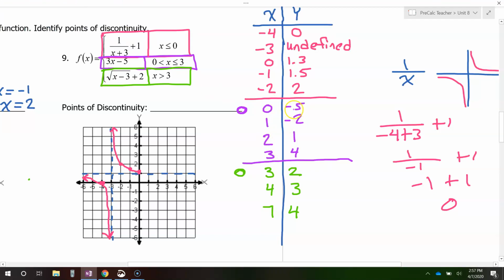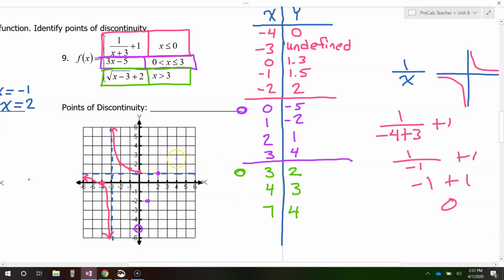0 comma -5. Remember, this is an open circle, so 0 comma -5, this part of the graph picks up right here. This will be much simpler because this is just a straight line. So 1 comma -2, 2 comma 1. Okay, all right.